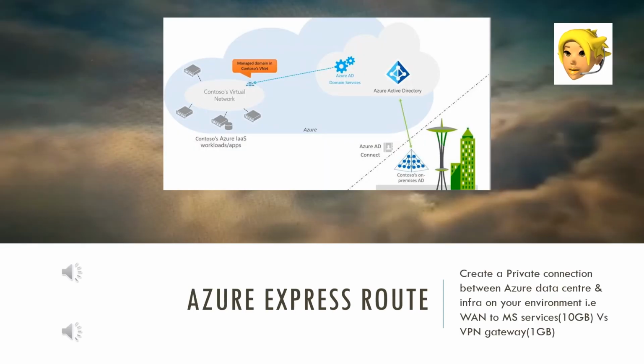Azure ExpressRoute: we create a private connection between Azure data centers and infrastructure in your environment. So create a site-to-site VPN connection in the Azure portal. How does it go? Azure VPN gateway provides cross-premises connectivity between the customer premises and Azure.